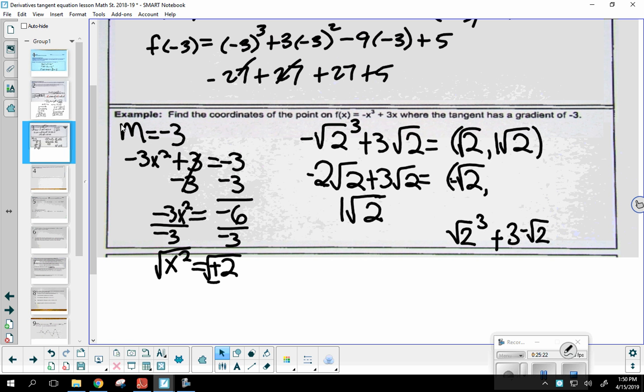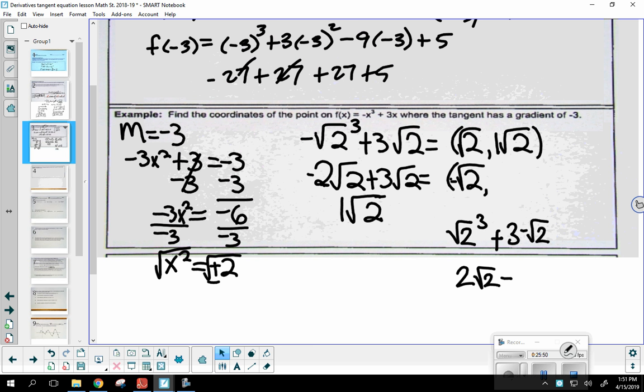Oh, we don't need a calculator. What's square root of 2 times square root of 2 times square root of 2? 2 root 2. Now that would be plus or minus?